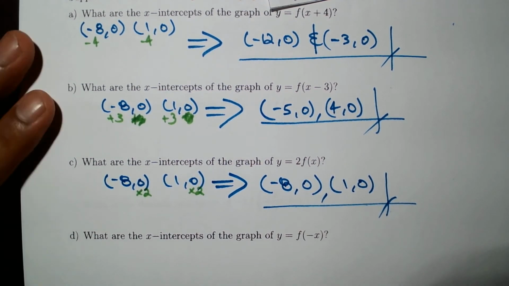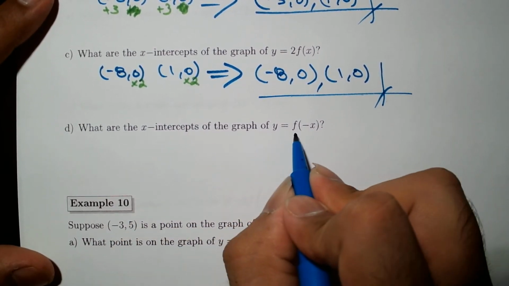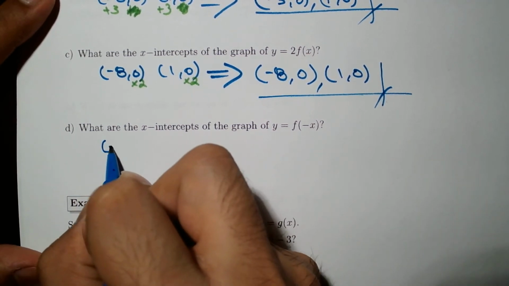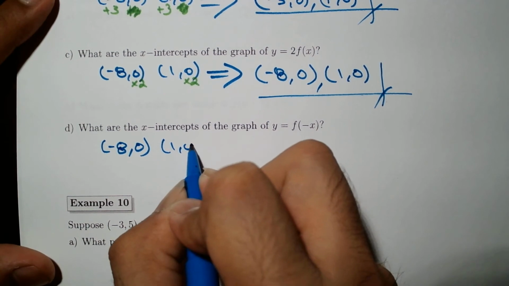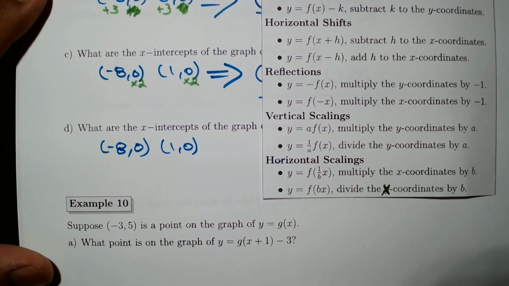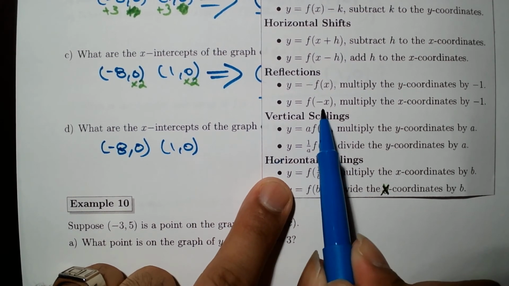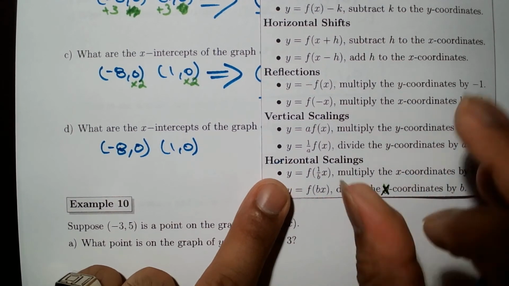Now, let's look at the next transformation. What are the x-intercepts of the graph of y equals f of negative x? So we start with the given points. What is this telling us to do essentially? When we have f of negative x, multiply the x coordinates by negative 1.